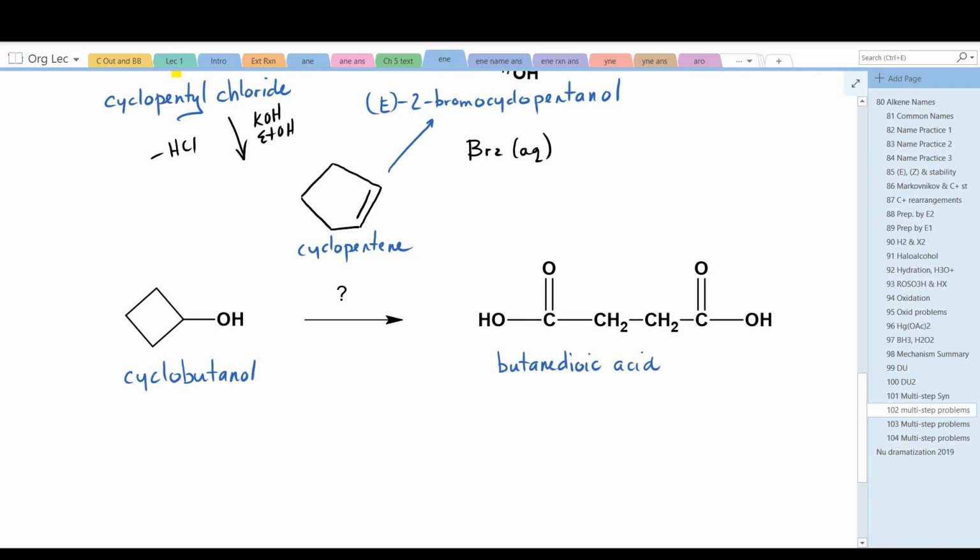Again, we can't do that directly, but we could dehydrate this alcohol to an alkene using concentrated sulfuric or phosphoric acid and some heat, losing water. Hydroxide is lost from 1 carbon and then hydrogen from an adjacent carbon. We'll get cyclobutene.